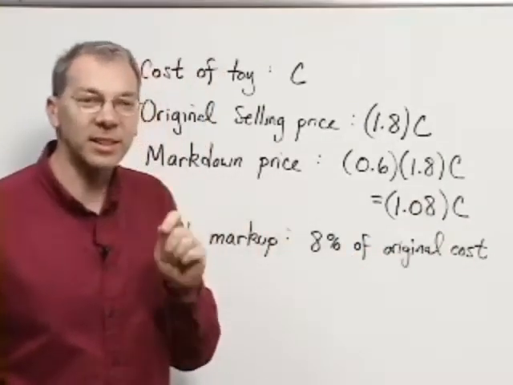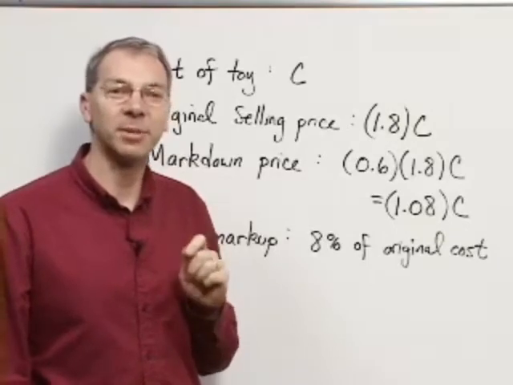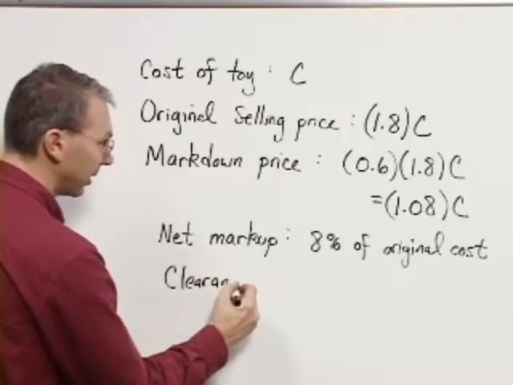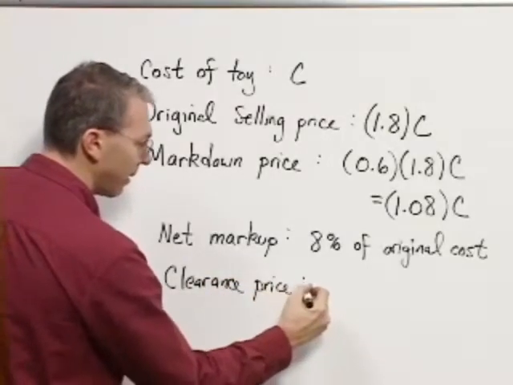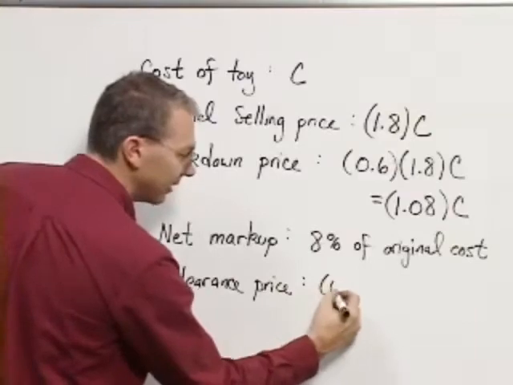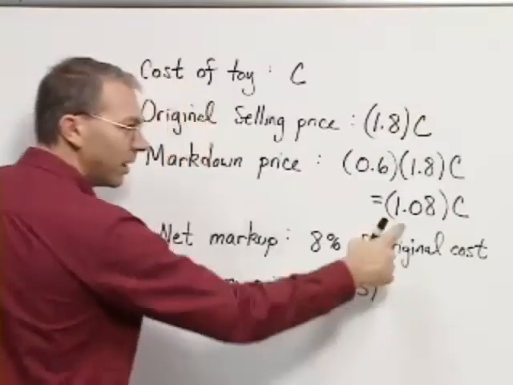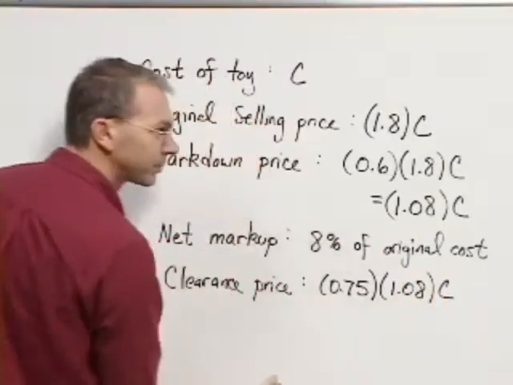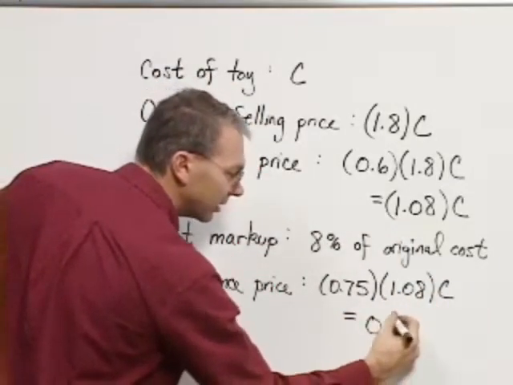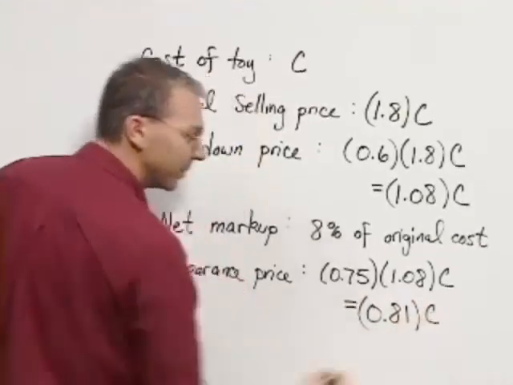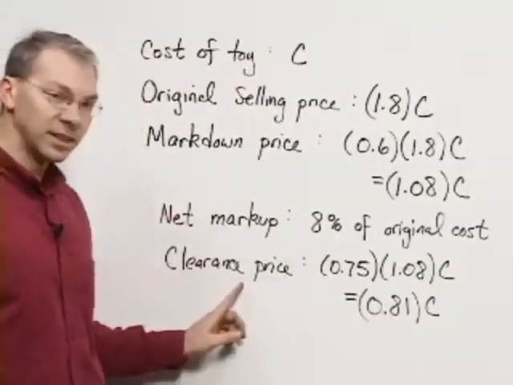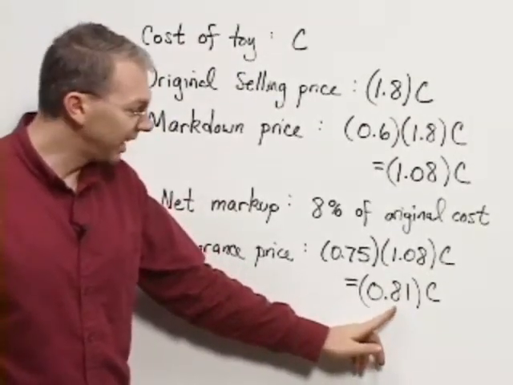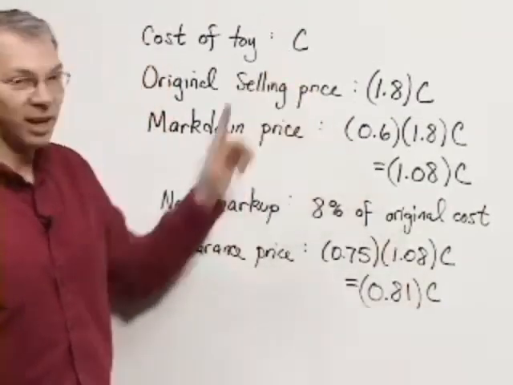Now, clearance. The clearance price is 75% of the markdown price. So let's go ahead and compute the clearance price. It will be 75% after a 25% markdown of the markdown price, 1.08 times C. This turns out to be 0.81 times C. So after the clearance has taken place, the price of the toy is 81% of the original cost of the toy.